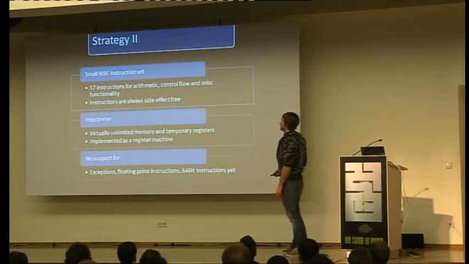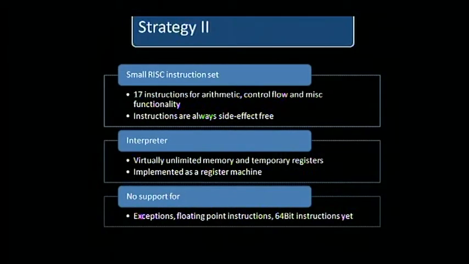So what's RYAL all about? RYAL is a very small RISC instruction set. It comprises 17 instructions for arithmetic, control flow, and miscellaneous functionality, and the instructions are always side-effect free. If you compare that to any of the assembly languages that you might know, for example addition in x86, everything is implicit.